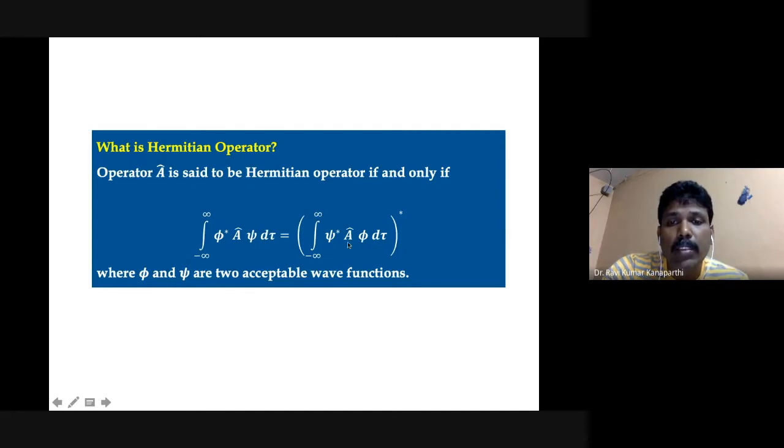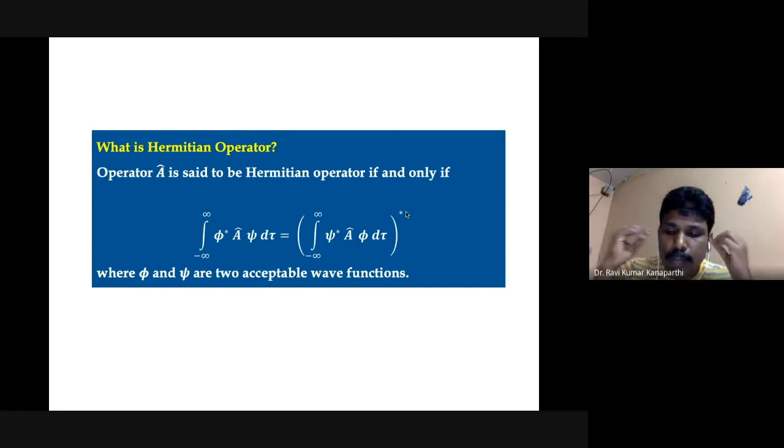You are going to get some function from this operation, which you multiply with the complex conjugate of the other wave function, right? Then you integrate it, apply the limits, get some answer, and take the complex conjugate.